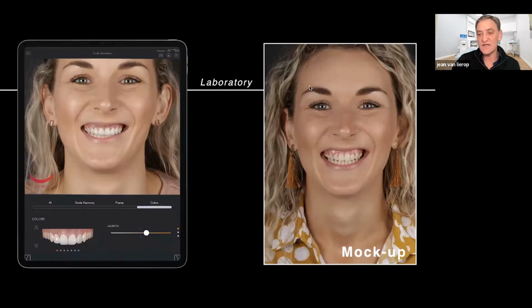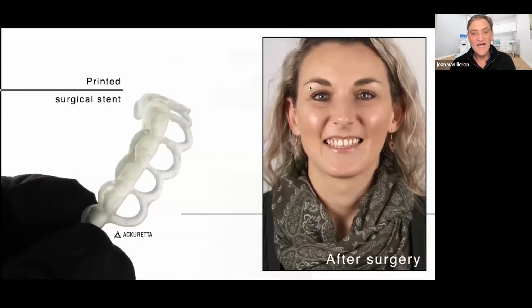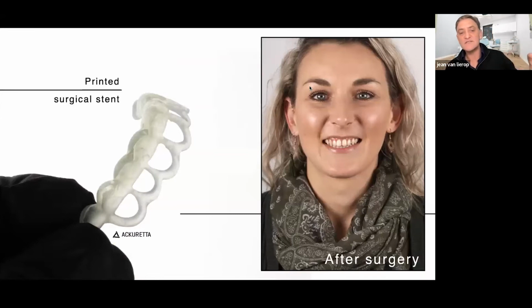As you can see in this guide, that's before the soft tissue was done. We take that and we print a surgical guide, and the printed surgical guide goes to my surgeon, who then performs the crown lengthening procedure. Everything checked and connected, everything controlled throughout the process.